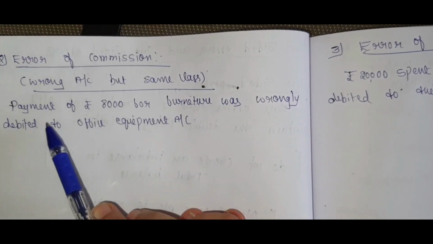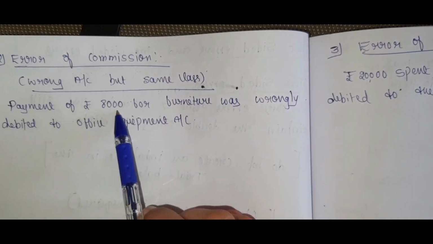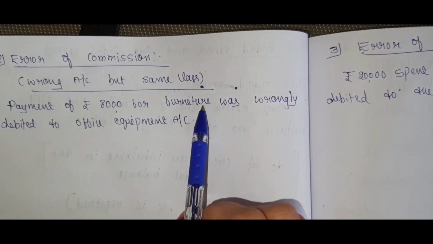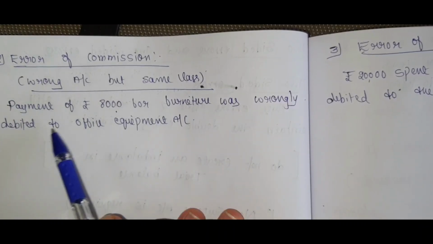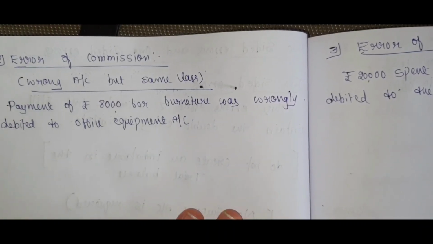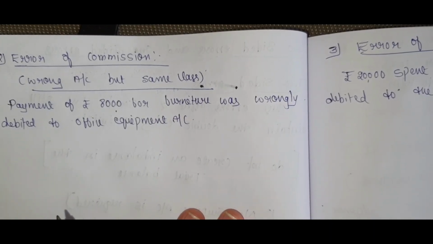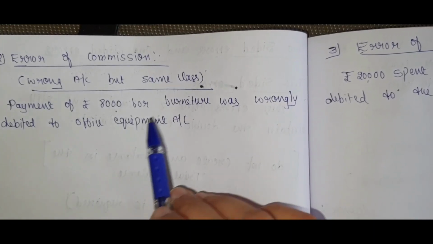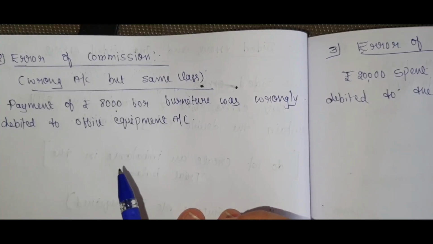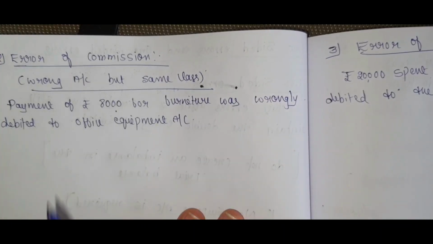See the example. Payment of rupees 8,000 for furniture was wrongly debited to office equipment account. We make the payment of rupees 8,000 for furniture, but it was wrongly debited to office equipment account.